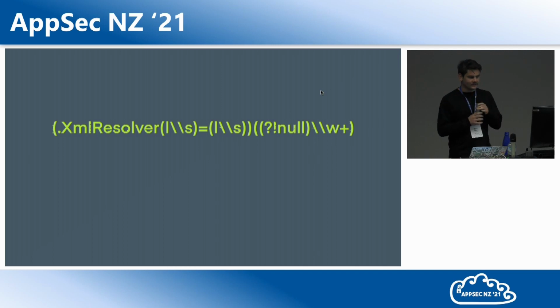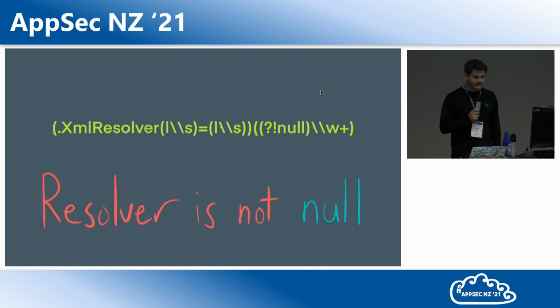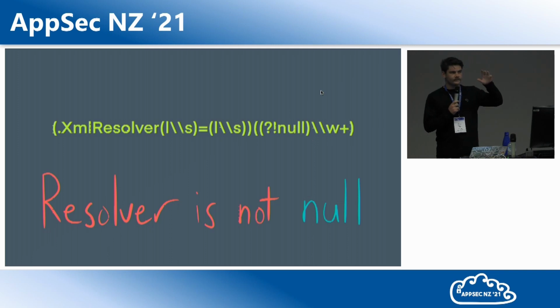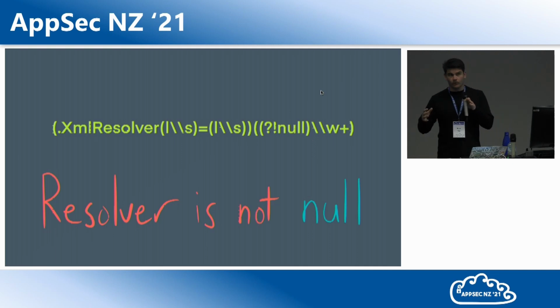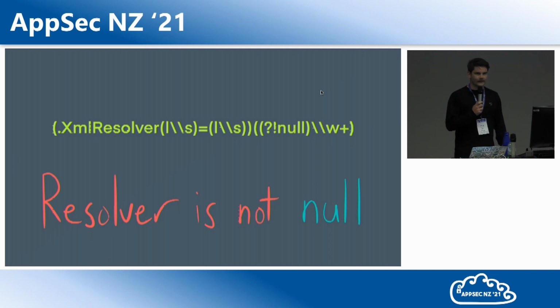What this regex is doing in English is checking to see if the resolver is not set to null. And this is handy because the resolver is one of the few things we can look for amongst those three I mentioned earlier. And it's null by default on all the newer versions of .NET. I think since 4.5 it's been set to null, which is great.